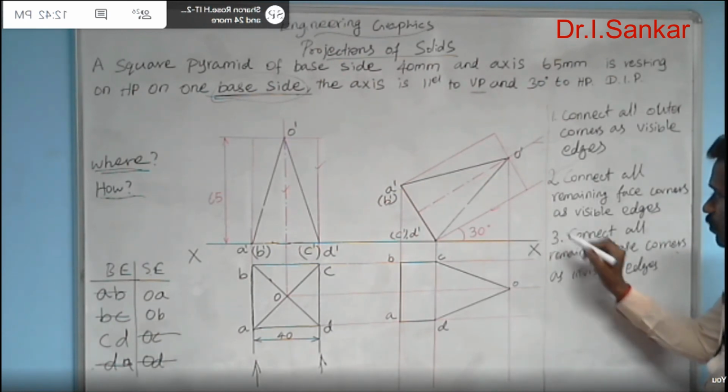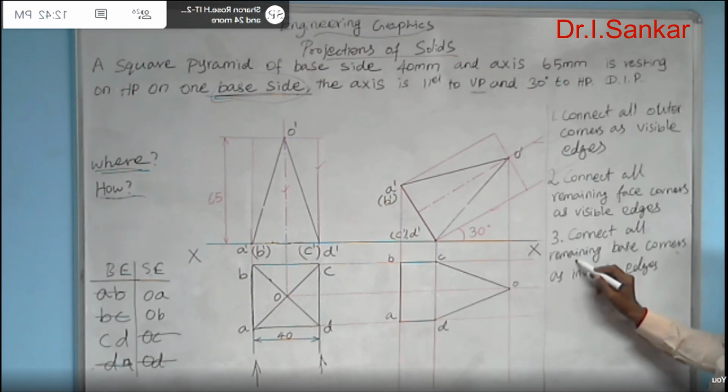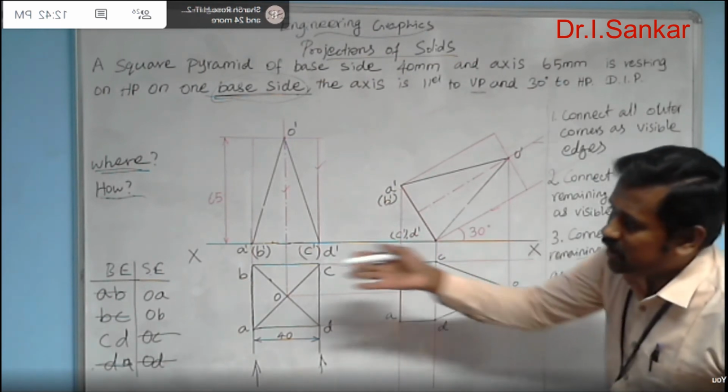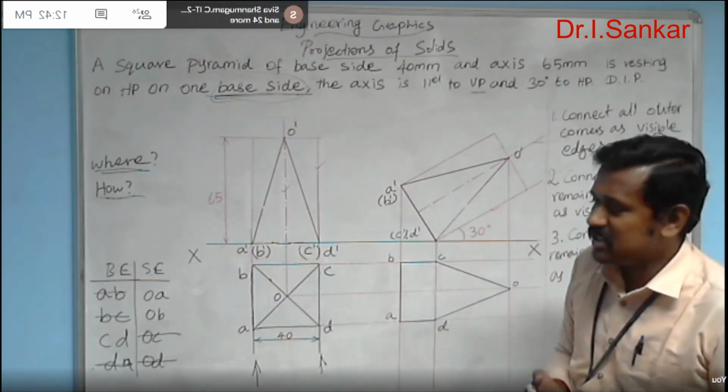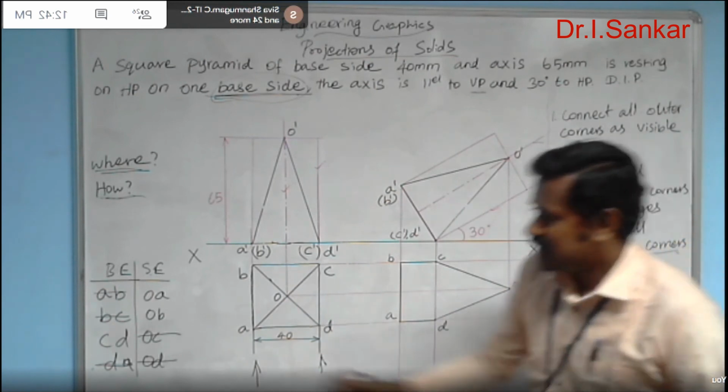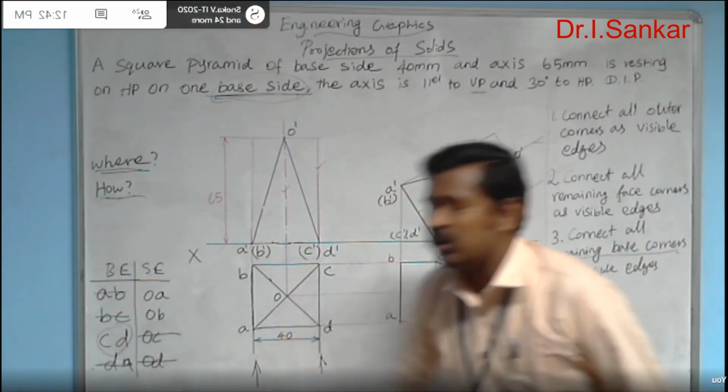So what is the third point? Connect all remaining base corners. Who are all the remaining base corners or base edges? CD. CD is the one and only remaining base edge.